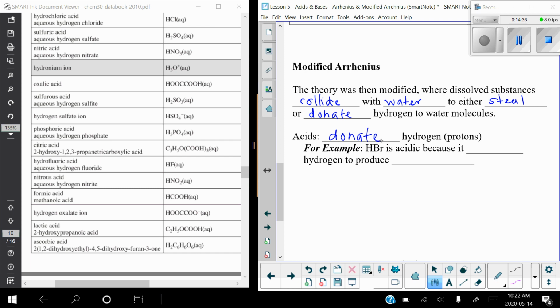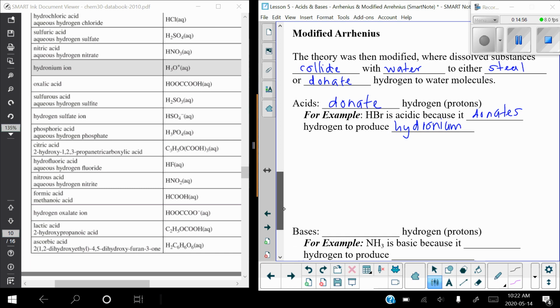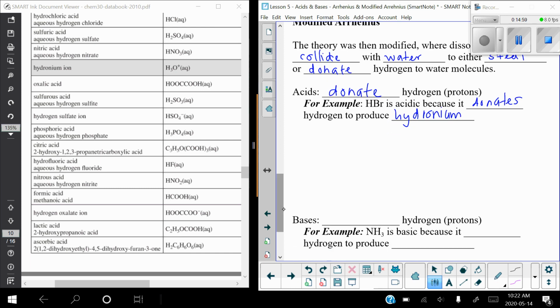So for example, HBr is acidic because it donates hydrogen to produce hydronium. This is what it looks like: HBr, aqueous, reacting with water.